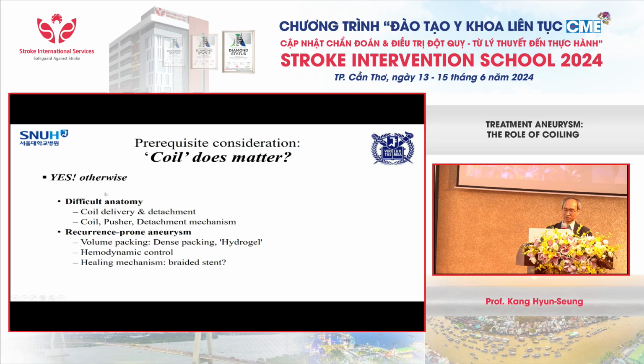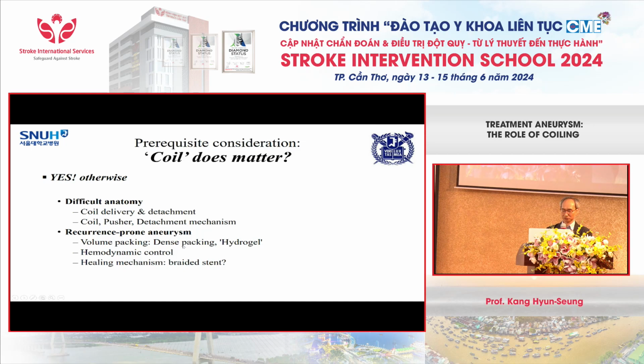So for difficult anatomy, coil delivery can be an issue. Coil detachment can be another issue. So we really need very good coil shape and coil softness, and we need very good coil pusher, and we need a very reliable detachment mechanism in this situation. For the recurrence prone aneurysm, we make the utmost try to make the maximal volume packing.